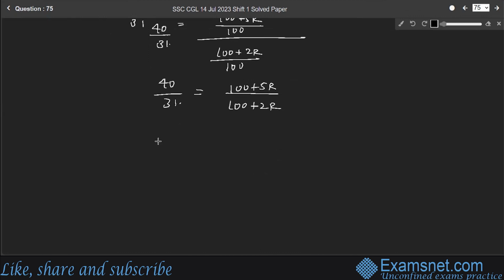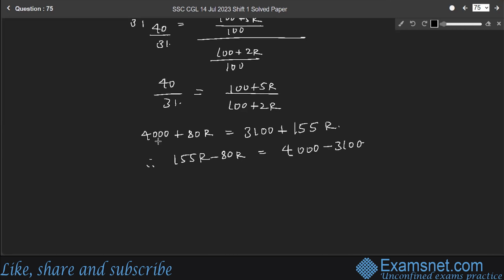Therefore, by cross multiplication, we'll have 4,000 plus 80R is equal to 3,100 plus 155R. Right? Am I right? Yes. Therefore, 155R minus 80R becomes 4,000 minus 3,100, which is nothing but 75R is equal to 900, right?